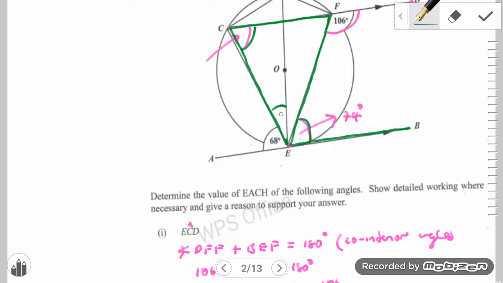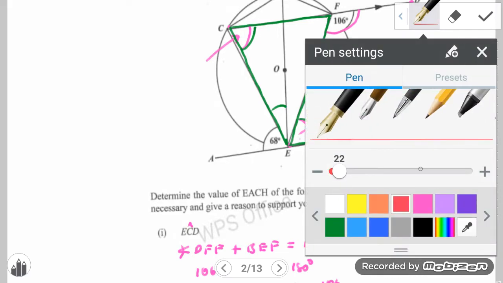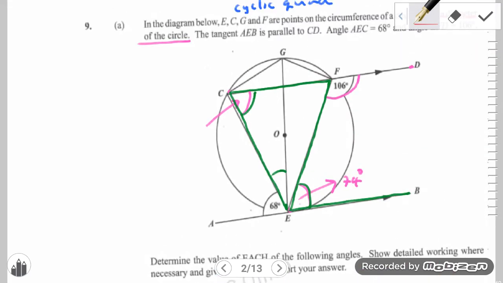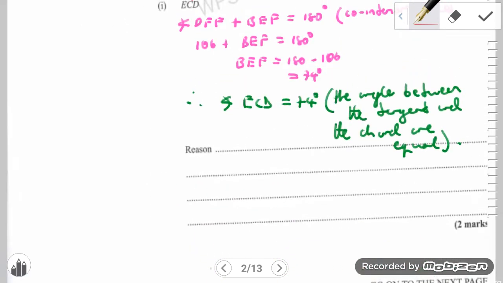And the reason why we said that is simply because the diameter CGE meets the tangent AEB at exactly 90 degrees. And we already have 68 out of the 90. So it's easy to say that.